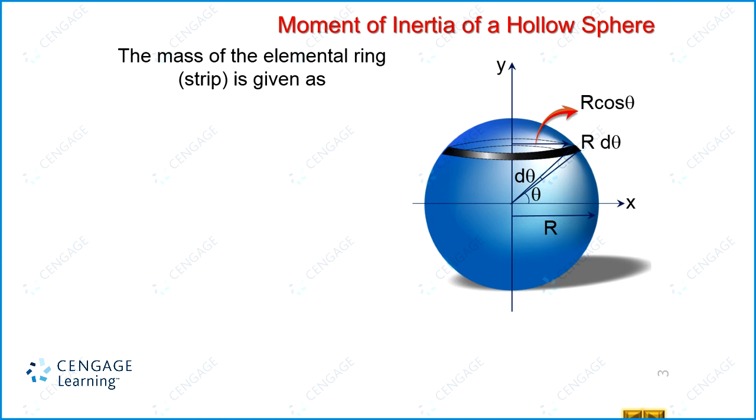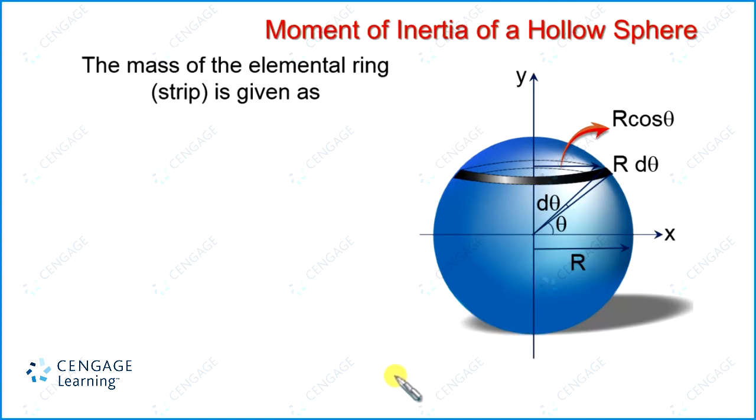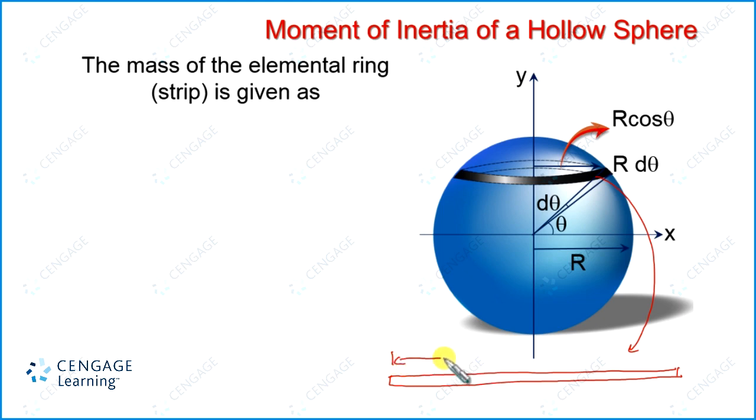Surface area of this elemental strip should be calculated by opening this elemental ring. This will be a rectangular strip if we open this, right? And the length of this elemental ring should be equal to 2 pi multiplied by R cos theta, this one. Okay. And the width we have calculated, that is equal to R d theta.